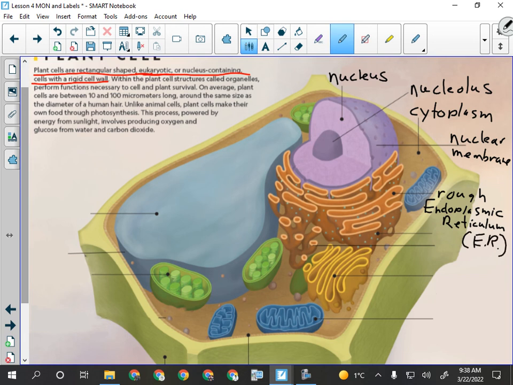Rough ER. Okay? That's what you can call it, but its real name is endoplasmic reticulum. Rough endoplasmic reticulum.